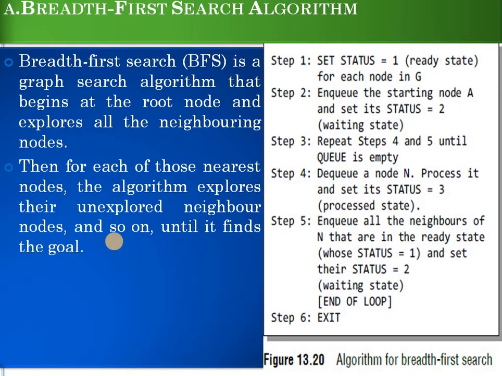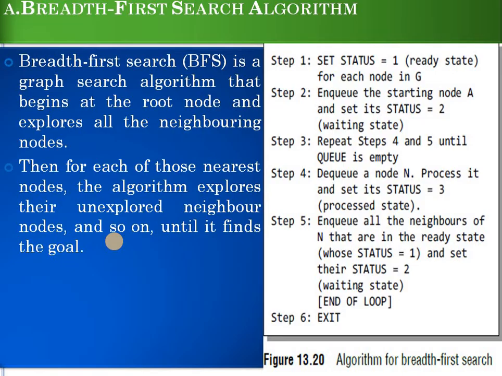Here we first process the root, after that we process the neighbors of the root, then the neighbors of the neighbors, until we find the goal.